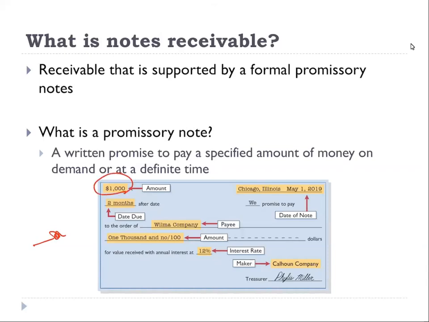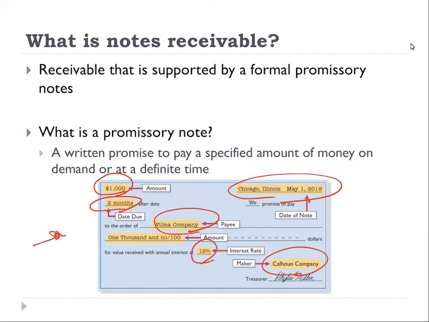It is going to have the amount of money, the date, the due date, the payee, whom the money is going to be paid to, the interest rate, and the maker, who is the payer of the money.